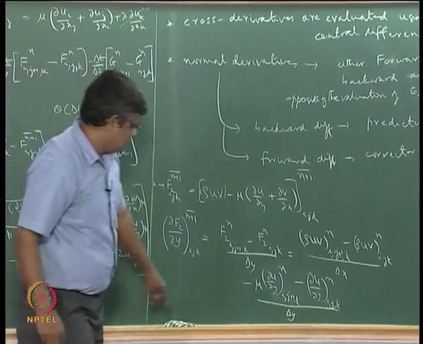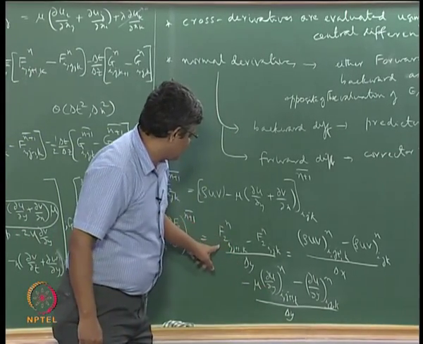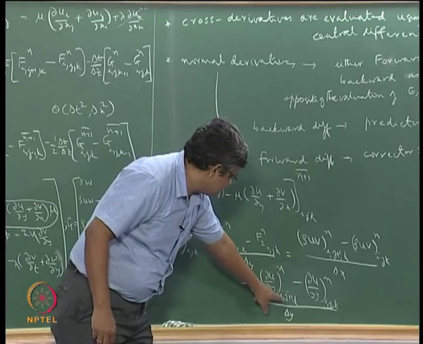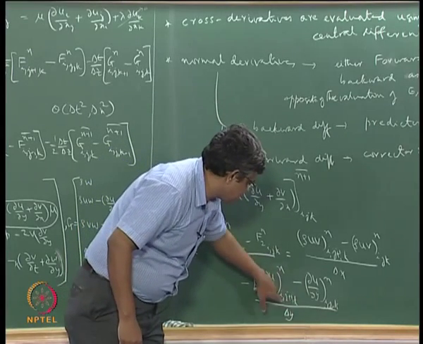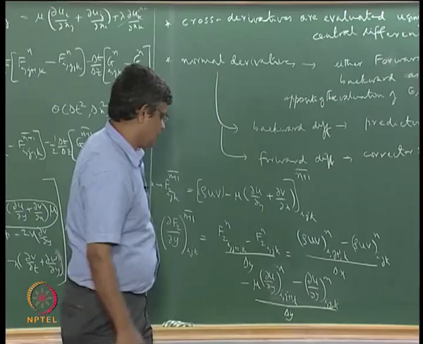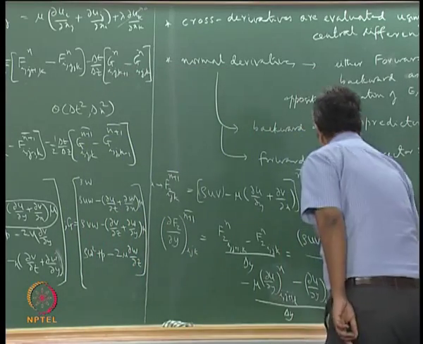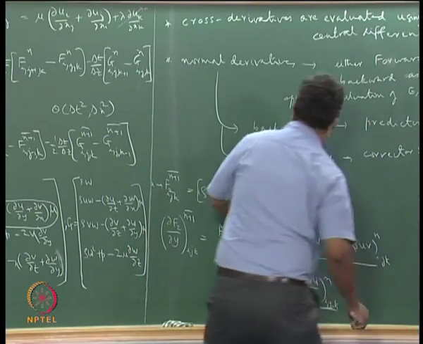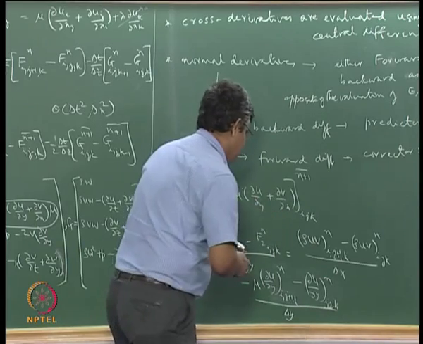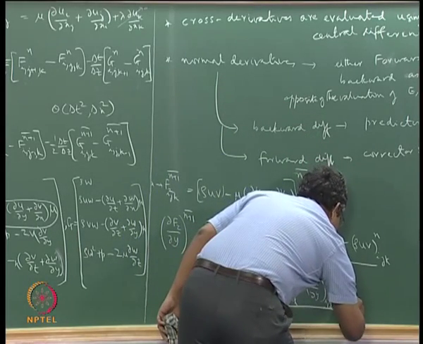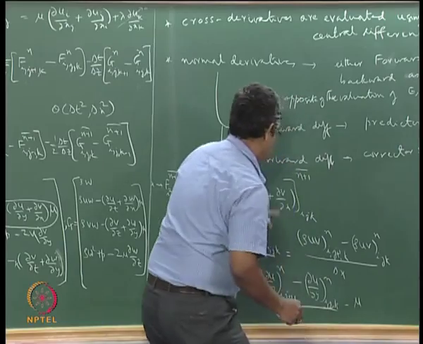Okay, so this is the component arising out of this, and this is evaluated using backward differencing, and this is also evaluated using backward differencing, and we have this term here, minus mu times dou v by dou x.